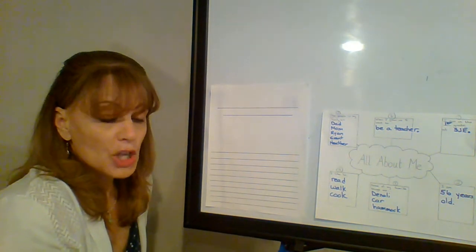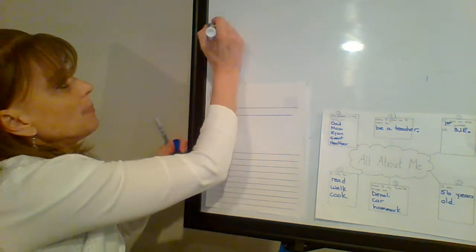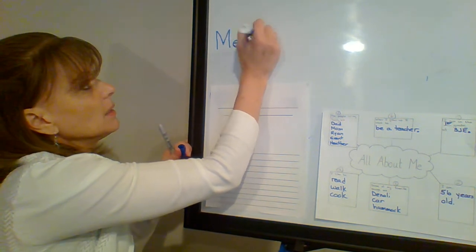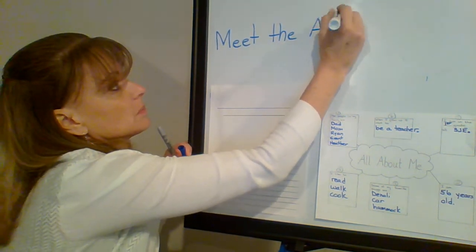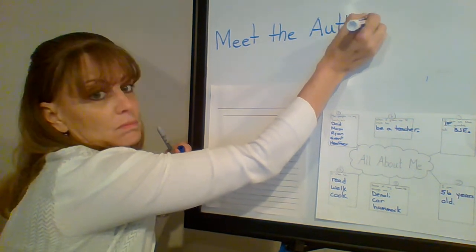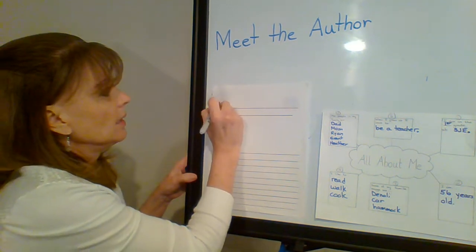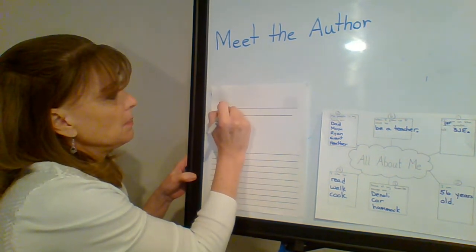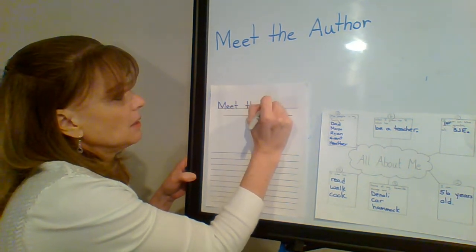Okay? So on the very top line, we're going to write meet the author. Okay? On the very top line. And meet and author have capital letters. Meet the author.